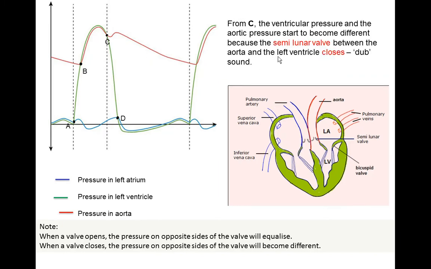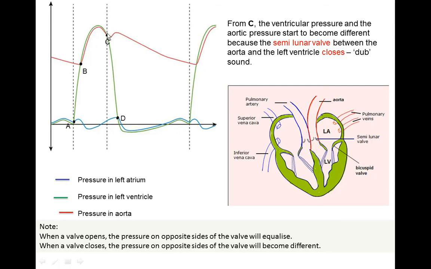Let's move on. Now, what happens at point C? Before point C, the aorta pressure and the left ventricle pressure were the same. So when they are the same, that means this semilunar valve was open. Okay?